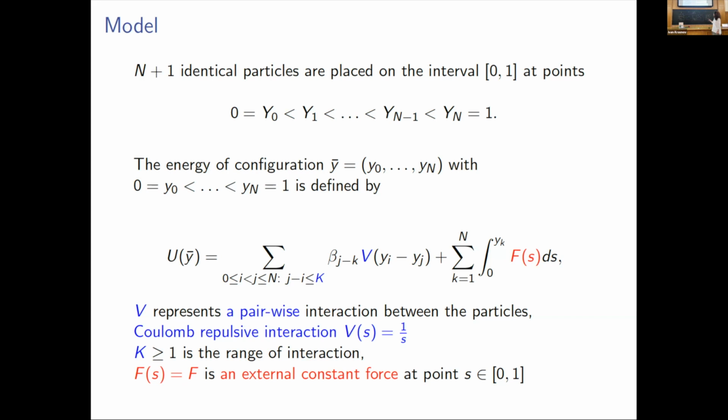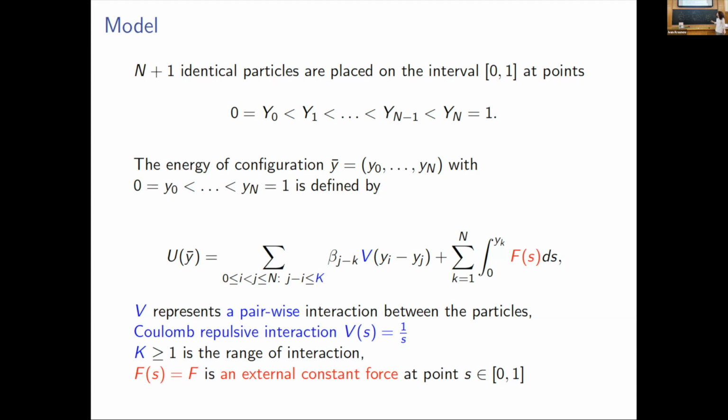The rest of the particles are distributed randomly. That will be later. This potential V depends on the distance between particle i and particle j, and there is an external force. And beta is indexed by j minus i; the j minus k is a misprint, obviously, it should be i.